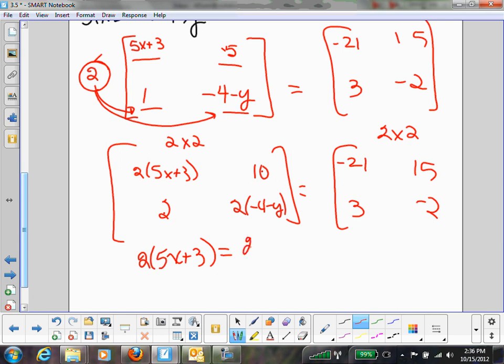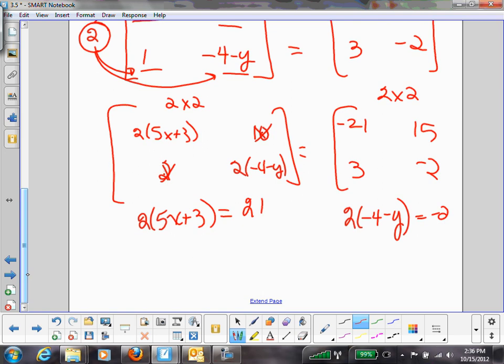It has to equal 21. And twice negative 4 minus y has to equal, because those are in the same positions in both of the matrices. Does that make sense? Okay, so although these didn't work out right when I came up with my example, they should have been 15 and 3 to be a true 1-to-1 type of example.